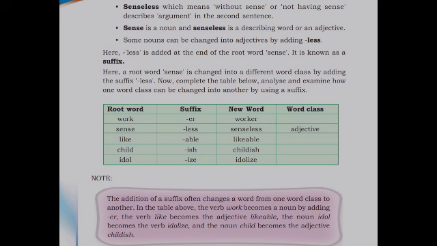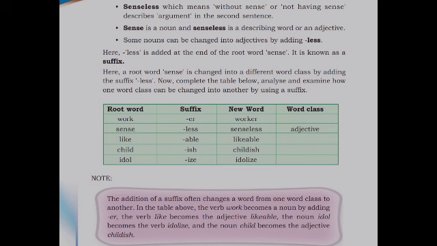Then the noun child becomes an adjective when we add the suffix -ish: childish. Then the noun idle becomes the verb idolize when we add the suffix -ize.